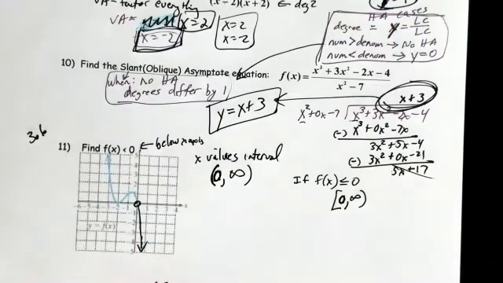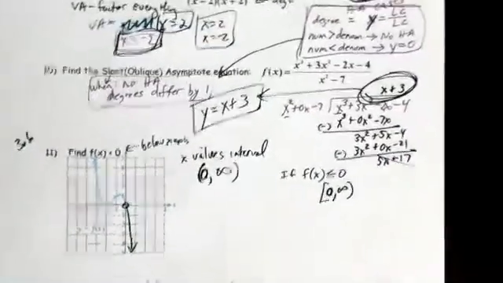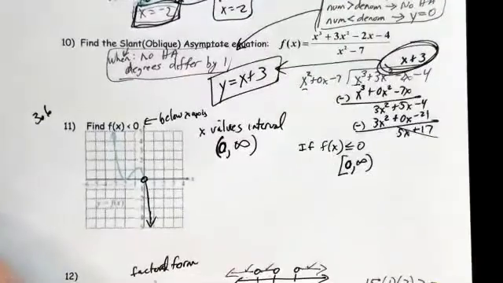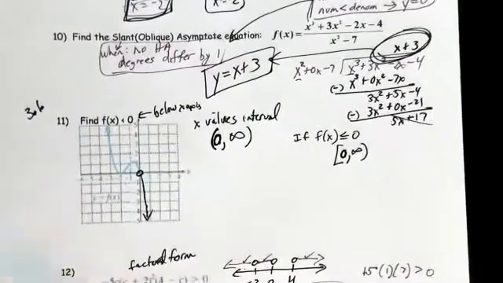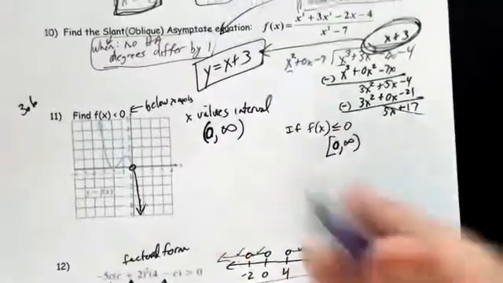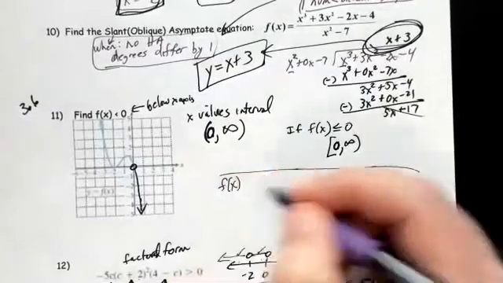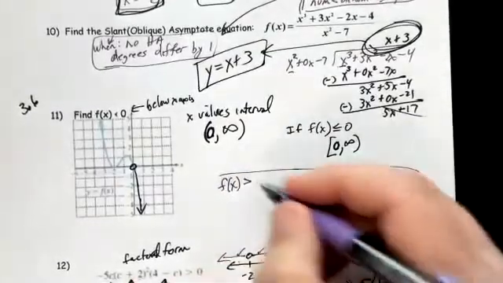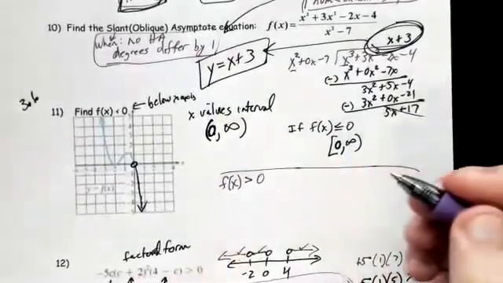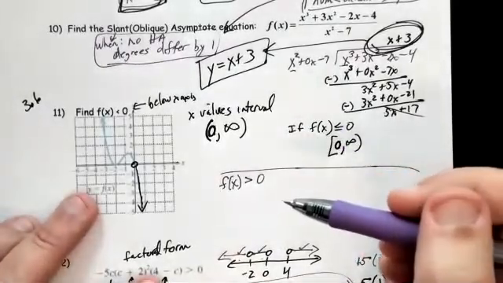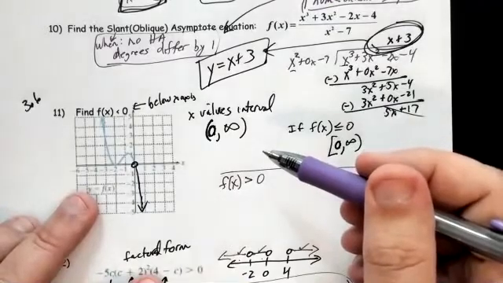On number 11, I'm probably a little confused. If x is greater than 0, how would you write that? All right, good question. Let's say f of x greater than 0. If it's greater than 0, we're looking for everything that's above the x-axis, right?